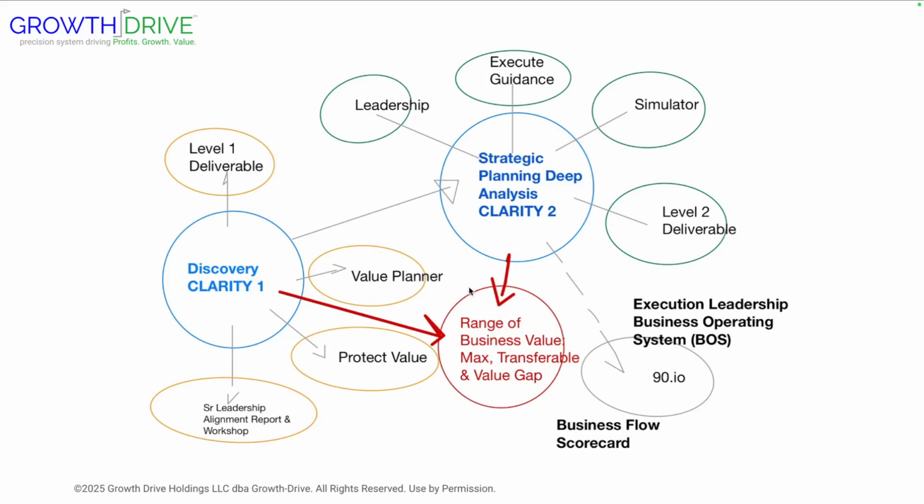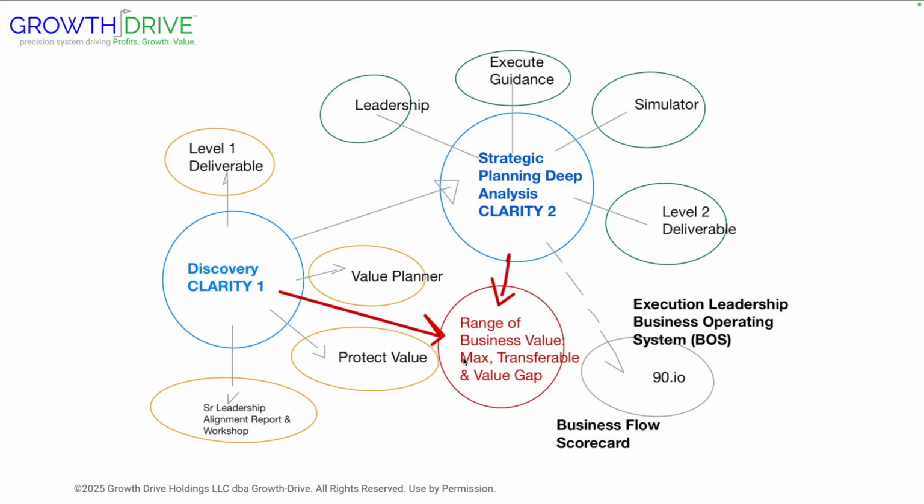Now, Level 1 over here, big red, we have the range of business value. With just a few questions, Mark Twain said it: if I had had more time, I would have written a shorter letter. We've written the shorter letter. The power of technology: with just a few questions and some very basic revenue information that your client will have in their head, we can calculate a very accurate transferable value for the business, but not just the transferable value, the maximum value.